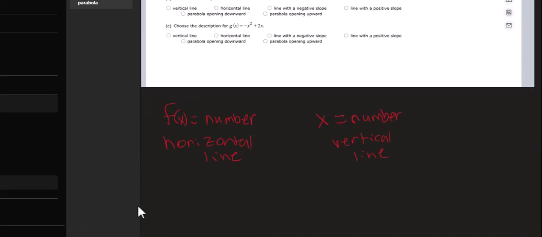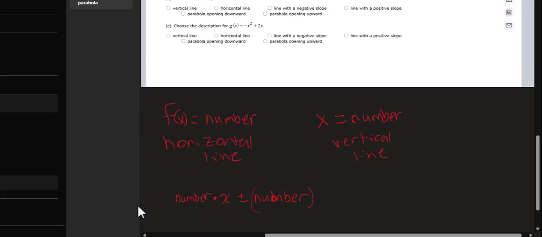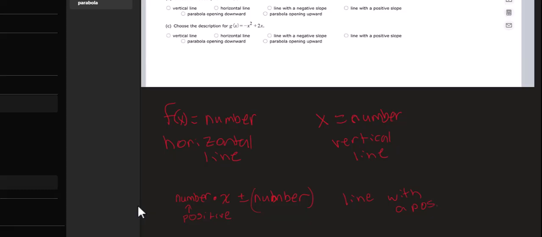If you have a number times x plus or minus a number, and that's optional, you don't even have to have that, and if this is positive, then you have a line with a positive slope.